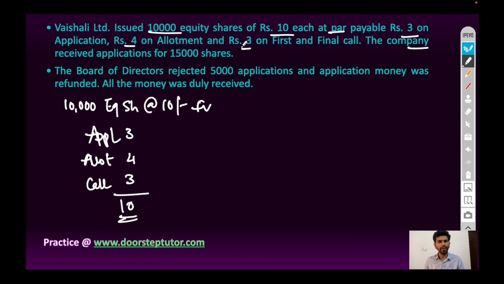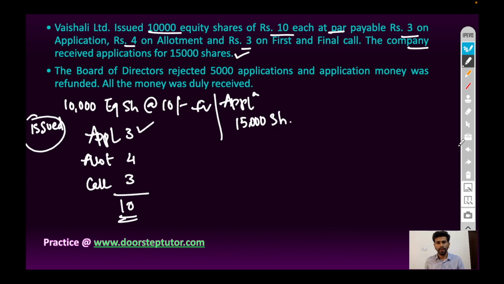The company received applications for 15,000 shares. Company has issued 10,000 shares, but applications received for 15,000 equity shares. Means public has applied for 15,000 equity shares. So application money will be recorded on 15,000 shares. The board of directors rejected 5,000 applications.